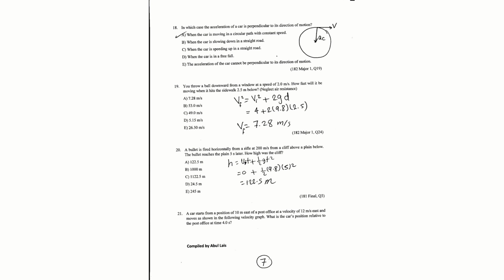Now we can move on to the next problem that says a car starts from a position of 10 meters east of a post office at a velocity of 12 meters per second east and moves as shown in the following velocity graph. What is the car's position relative to the post office at time 4 seconds?